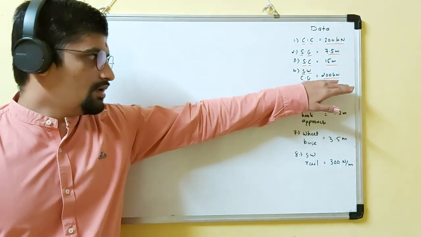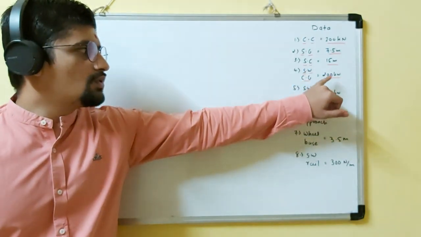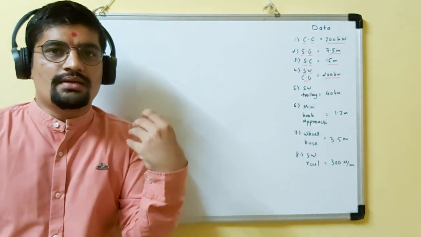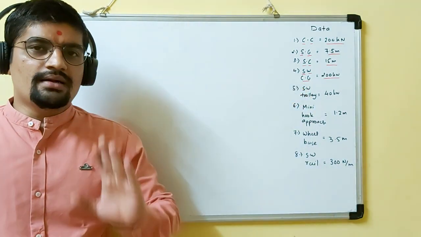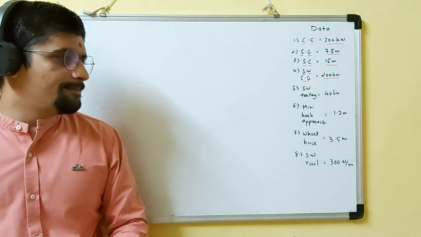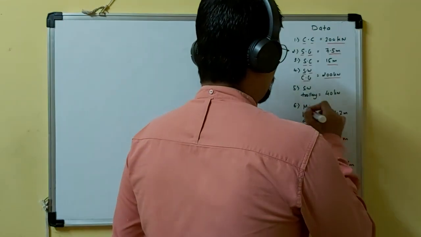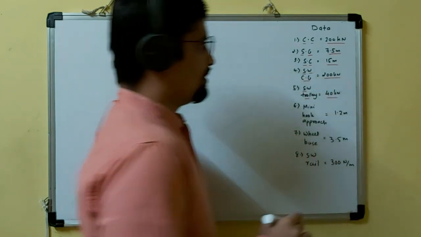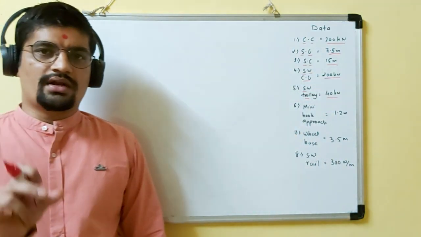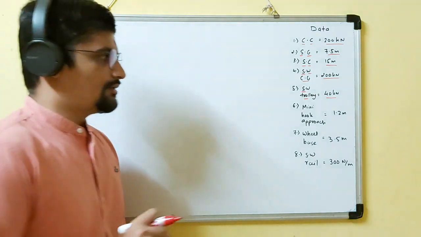So the self weight of crane girder, 200 kilonewton, is excluding trolley, means after deducting the trolley. This is the self weight of trolley. It's 40 kilonewton. The trolley which is placed on the crane girder is of 40 kilonewton.